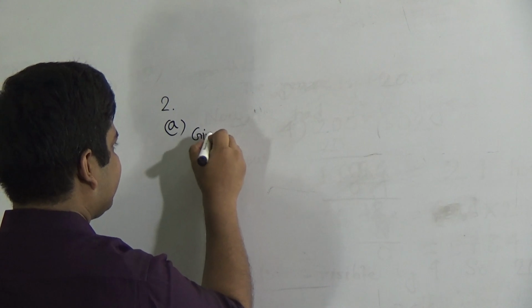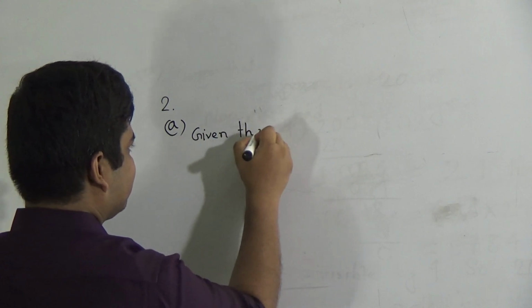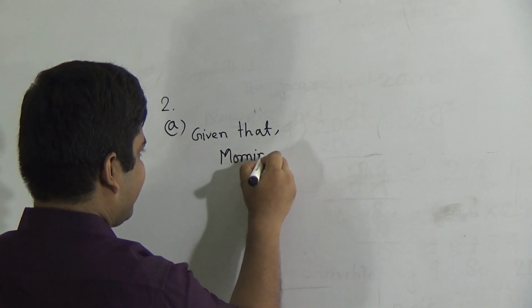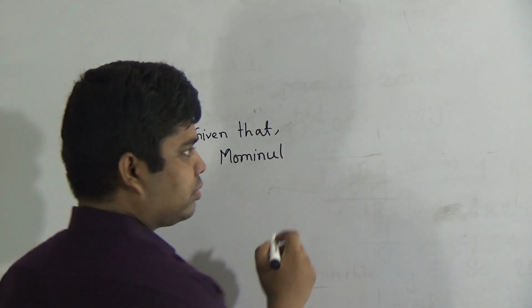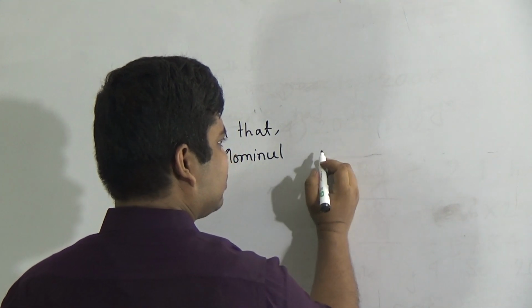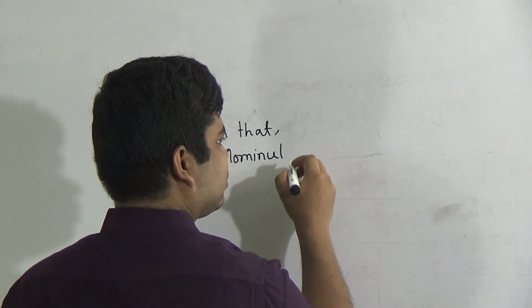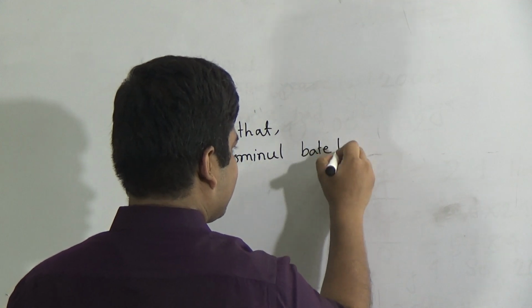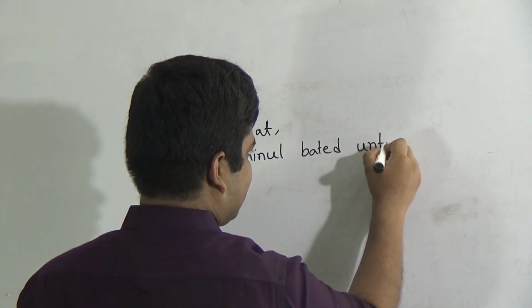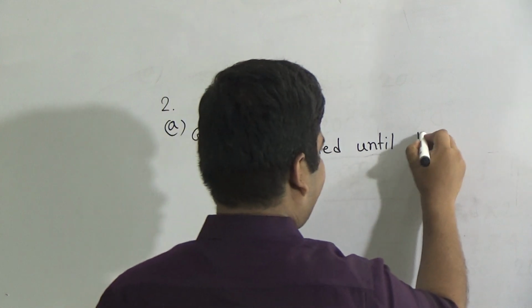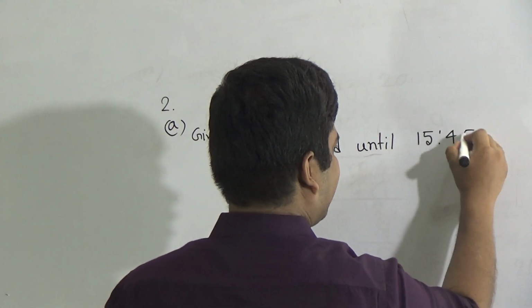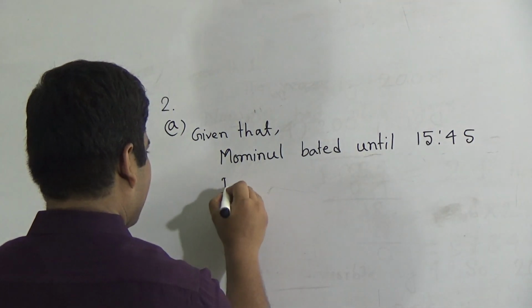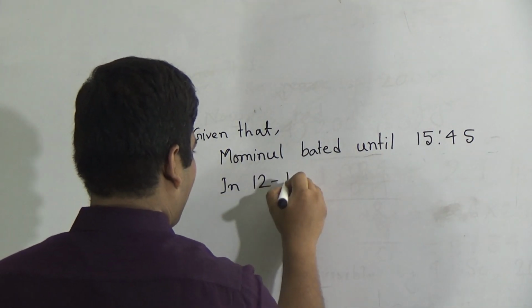Given that Mominul batted until 15:45 in the 12-hour clock.